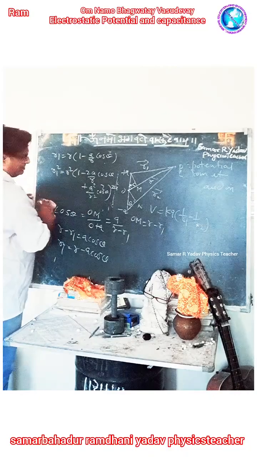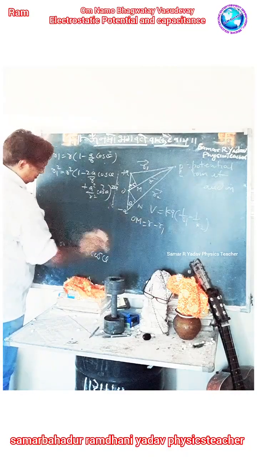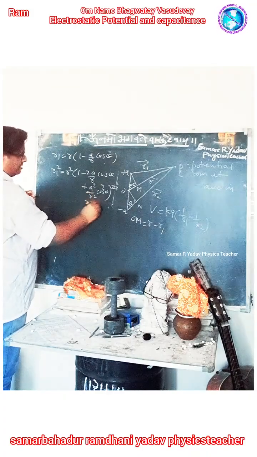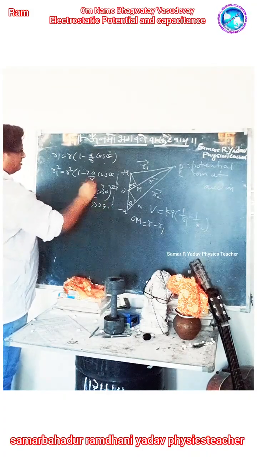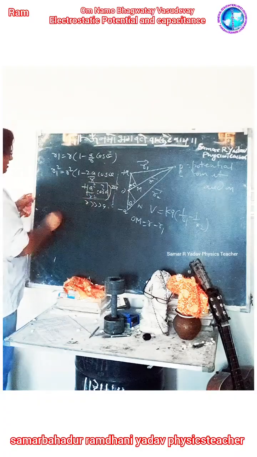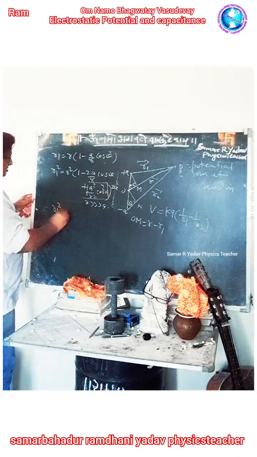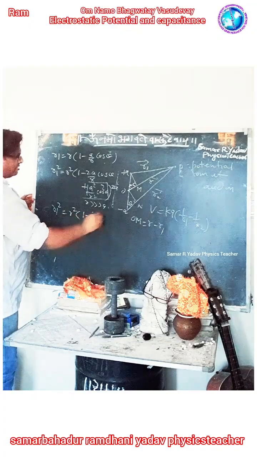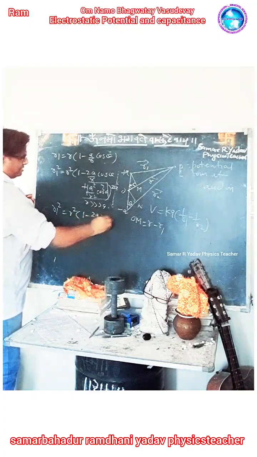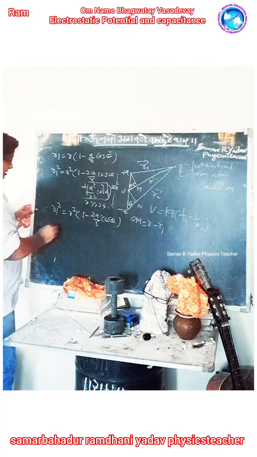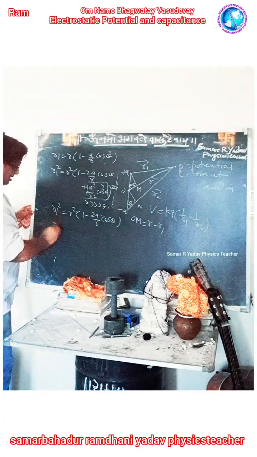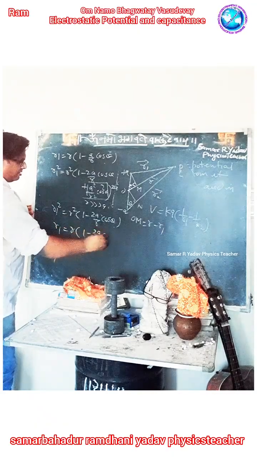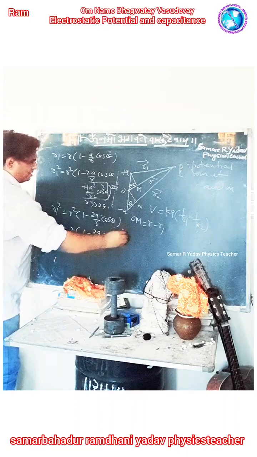Since r is greater than a, this last term is negligible, very small. So finally r1 square is equal to r square times 1 minus 2a upon r cos theta. Now taking the square root, r1 is equal to r times 1 minus 2a upon r cos theta raised to 1/2.